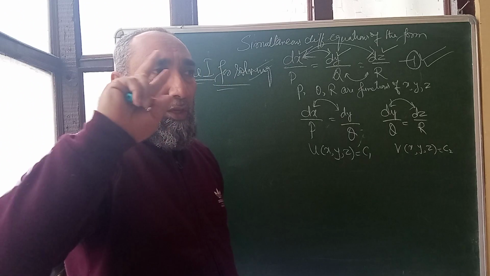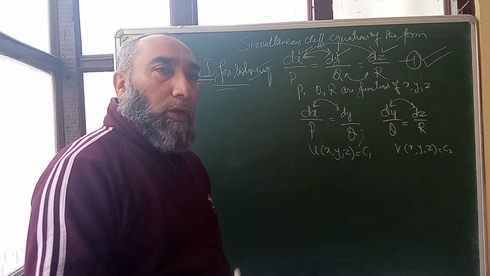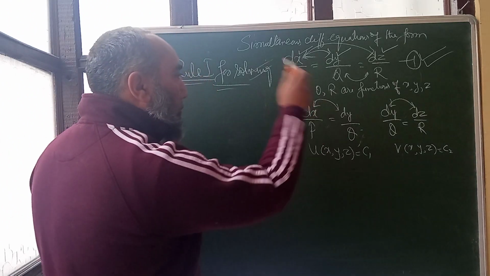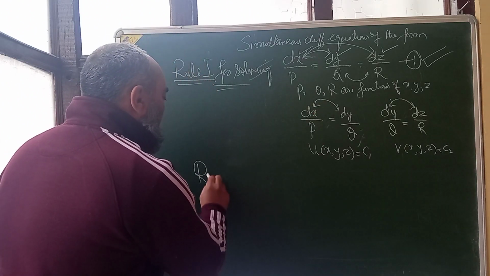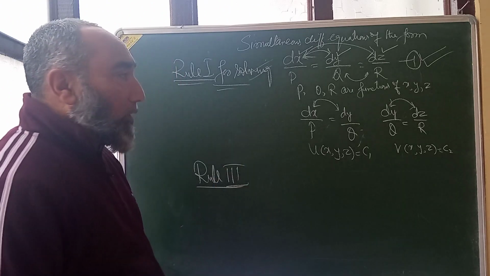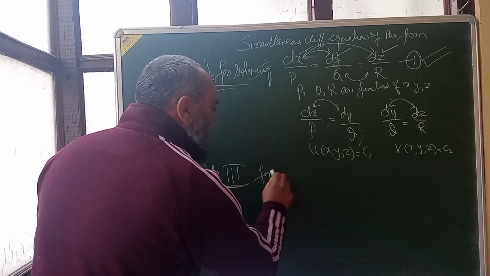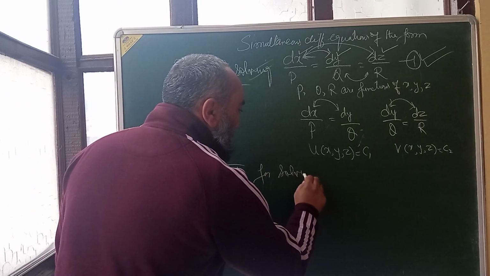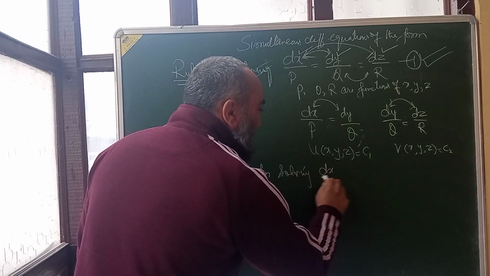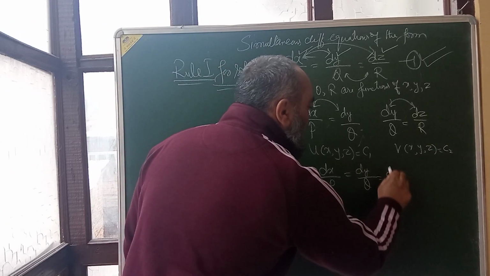Okay, we will take 2 rules together. You have 4 rules, we are taking 2 together. This was rule 1. Rule 2. What is rule 2? For solving dx by p equal dy by q equal dz by r.